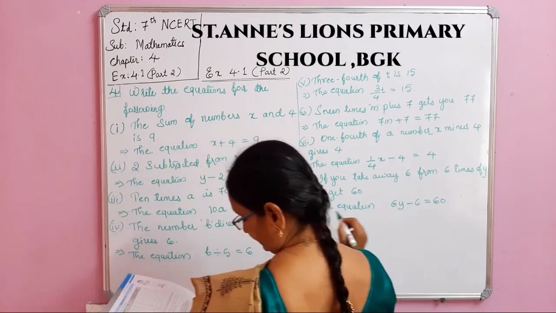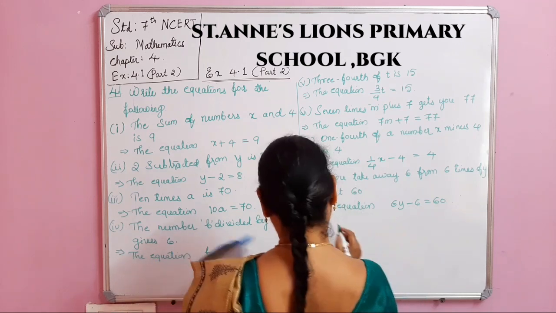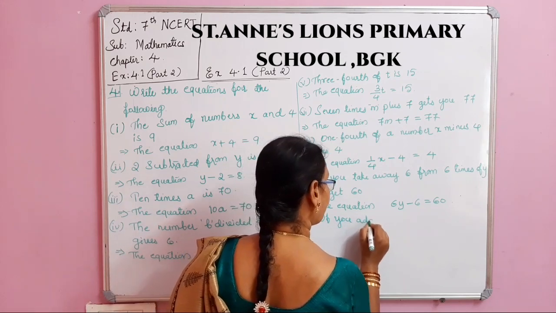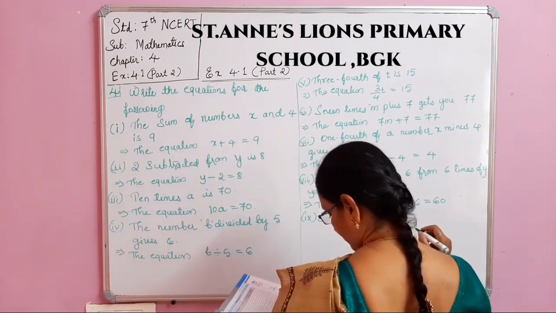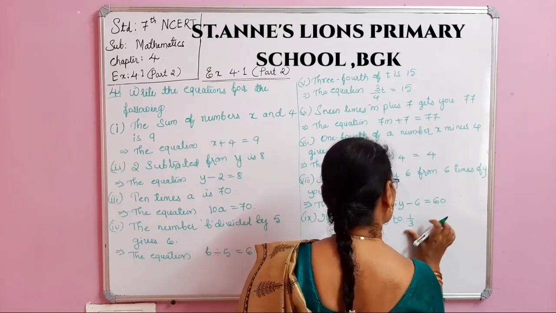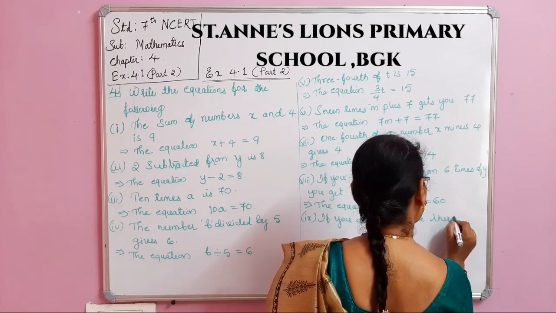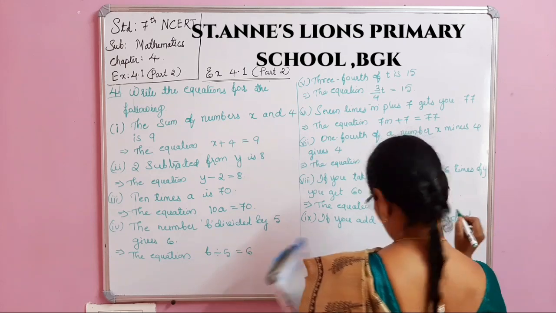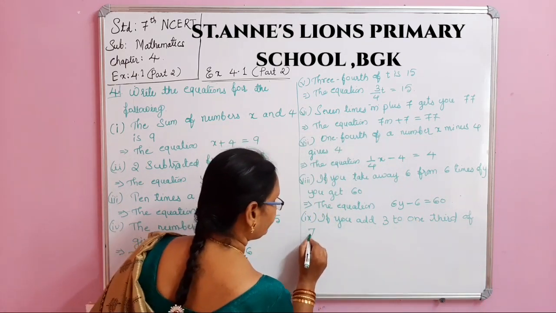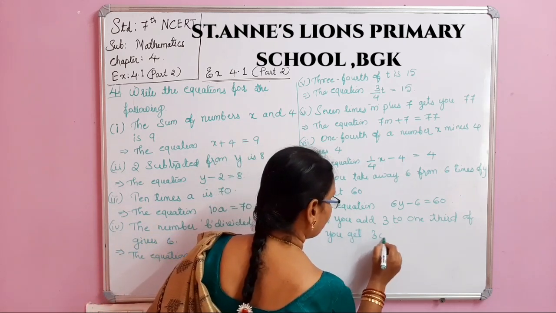Then the last and ninth one is, if you add 3 to 1/3 of z, you get 30.